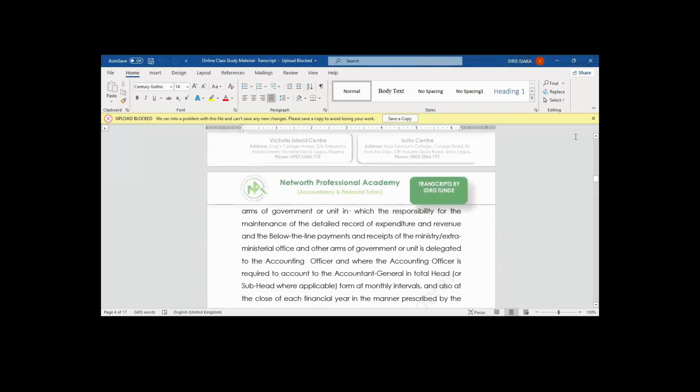We should have it in mind that it is only self-accounting unit and sub-self-accounting unit that prepare transcript. Non-self-accounting unit don't prepare transcript.